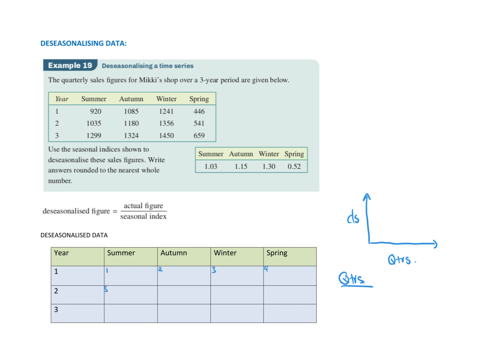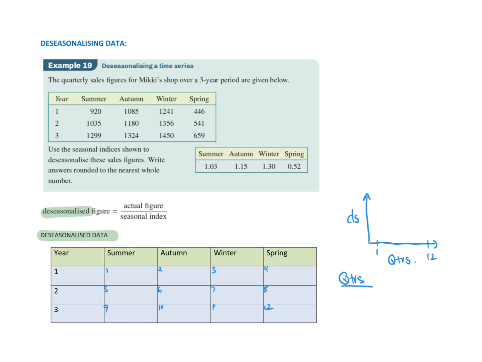This would be quarter 5, 6, 7, 8, and this would be quarter 9, 10, 11, and 12. So if you were entering that, you're going to have from quarter 1 up to quarter 12 along your scatter plot axis.